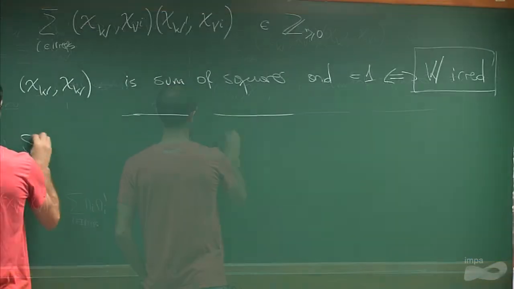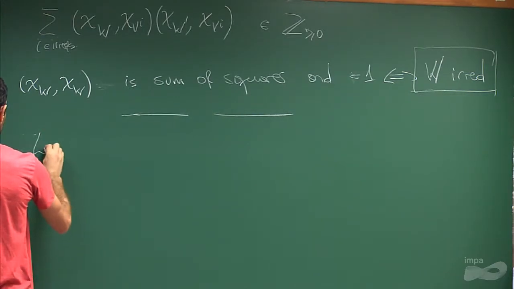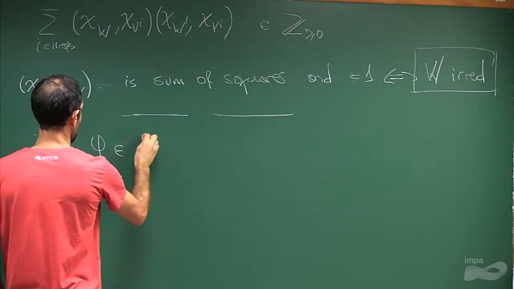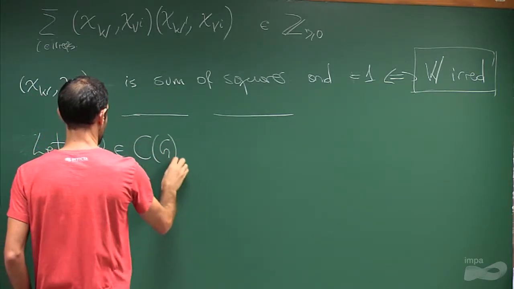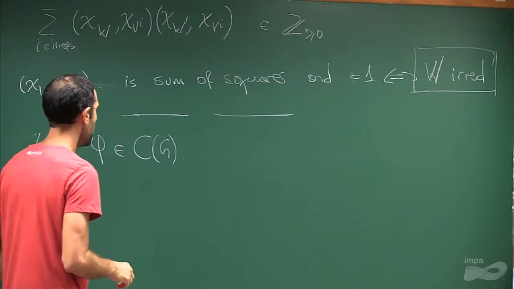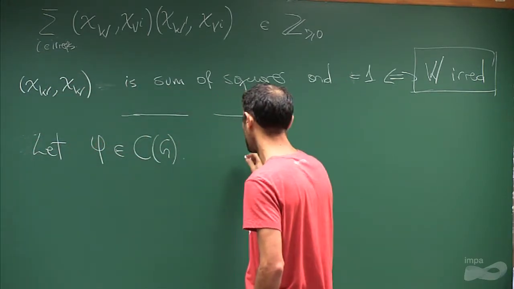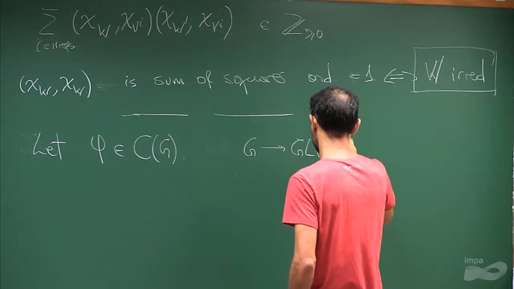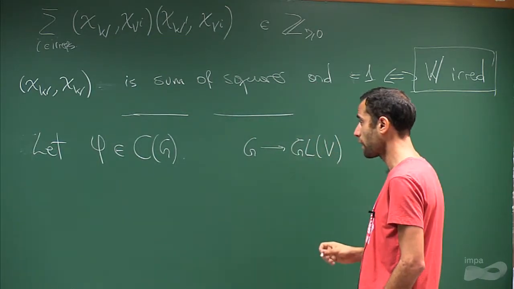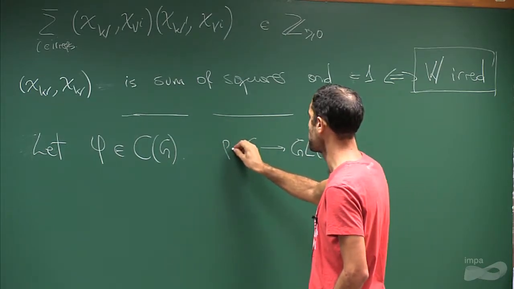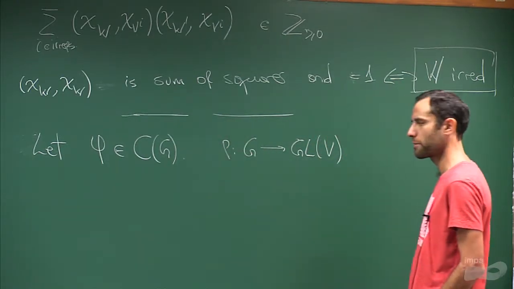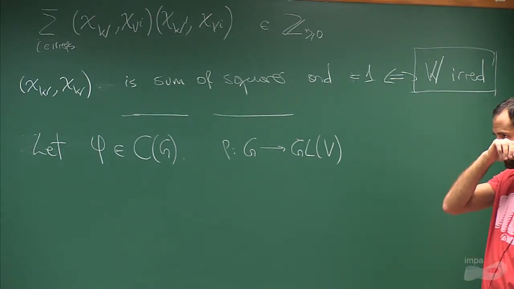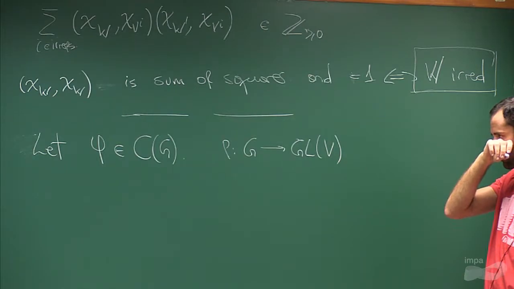So let phi be a class function in G. And let's take a representation, it doesn't need to be reducible. Perhaps I'll use the name rho for the representation this time. Yeah.